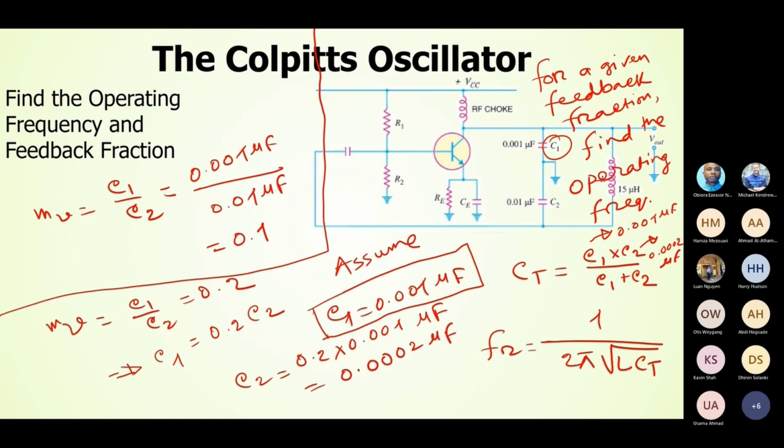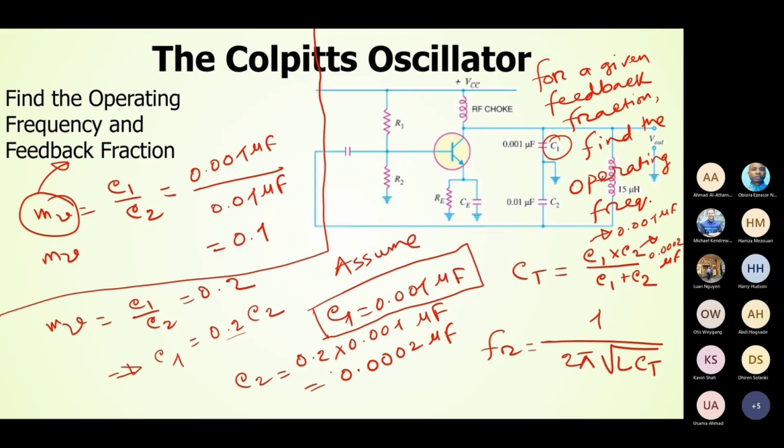Any question about the last part? So what does MP stand for? Which one? MP, sorry, it's this one. This is the feedback fraction. Is that MV or is that MP? It's MV. Okay, MV. And also, when you put C2 equals 0.2 times 0.01, where did you get that formula from? Just check here. What is C1? It says C1 is MV times C2. So 0.2 times C2. From this formula, I got this.